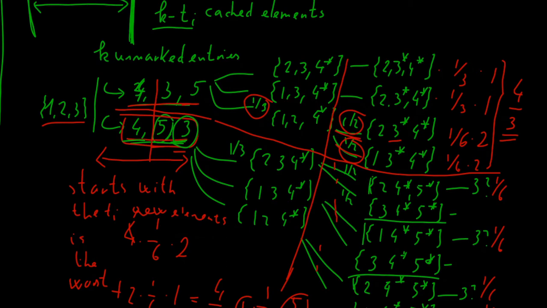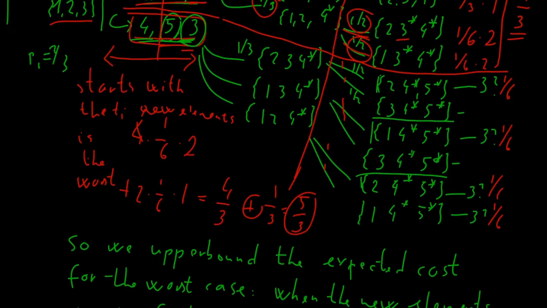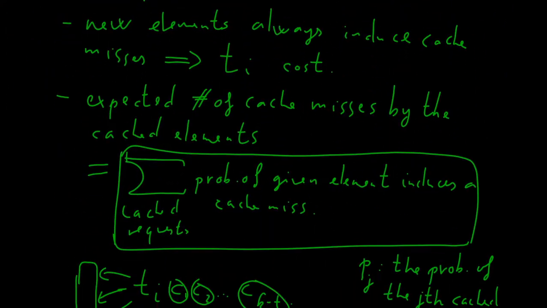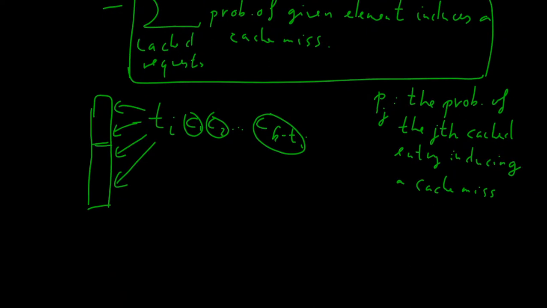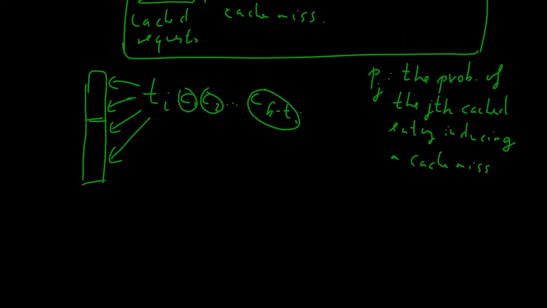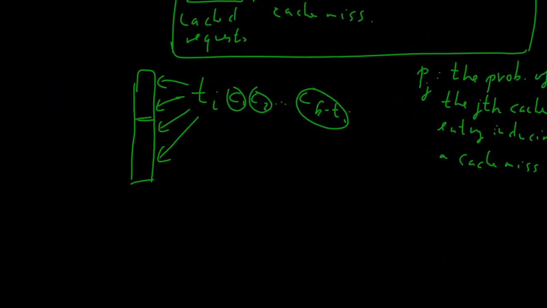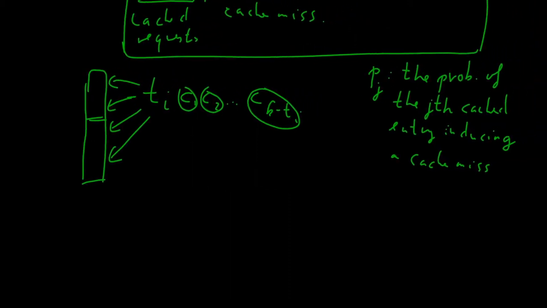So for example here P1 will be just 2/3, because 2/3 is the probability for the first cached entry to induce a cache miss in this phase. So I will try to compute this for each possible index. So how should I compute this?